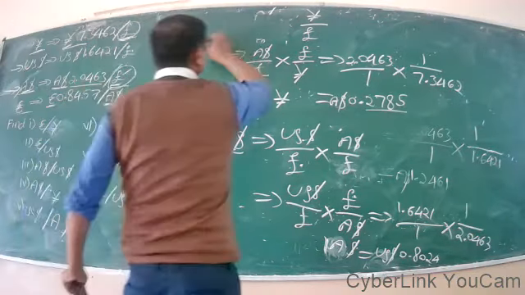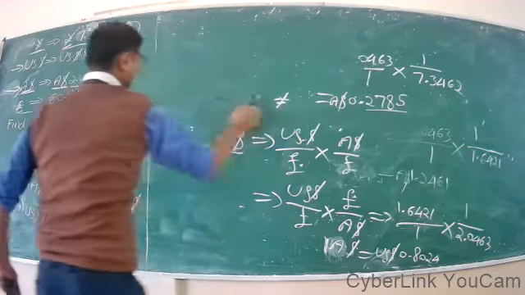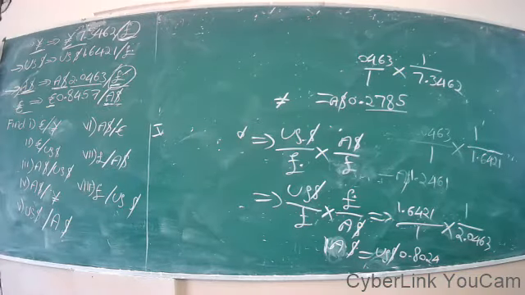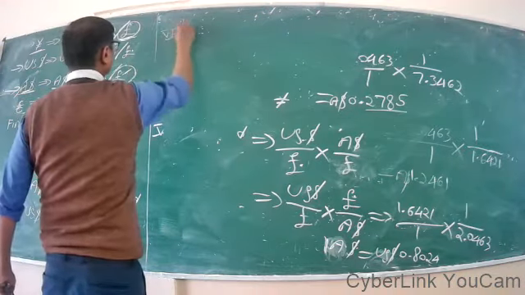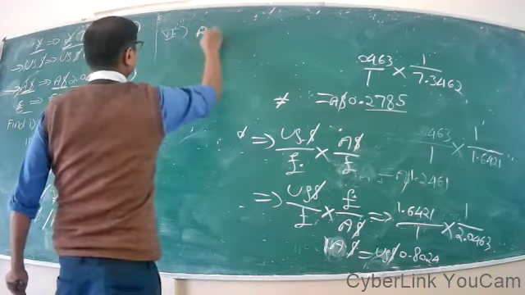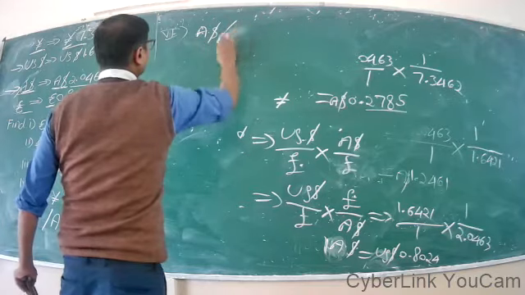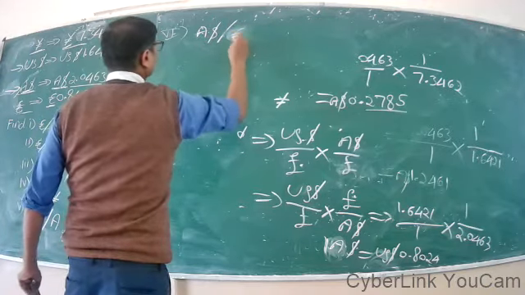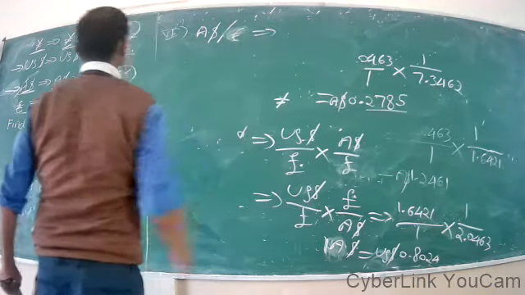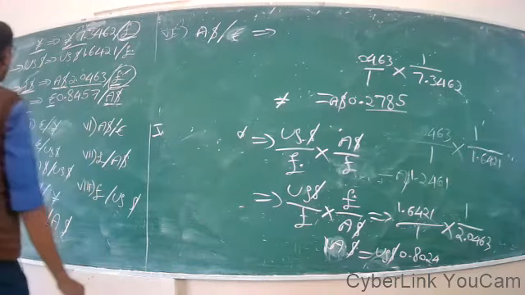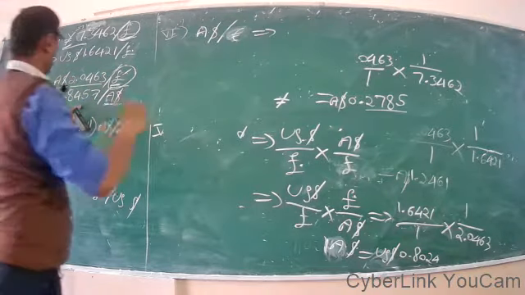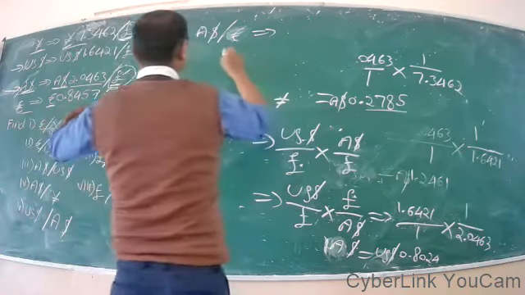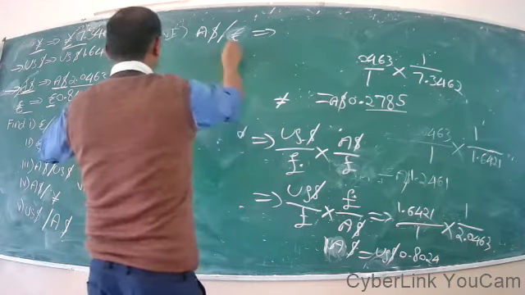Similar question they are asking. Now, the sixth one, Australian dollar per euro. So euro per Australian dollar is given, but they need Australian dollar per euro. That means in the given quotation it is given as euro per Australian dollar.